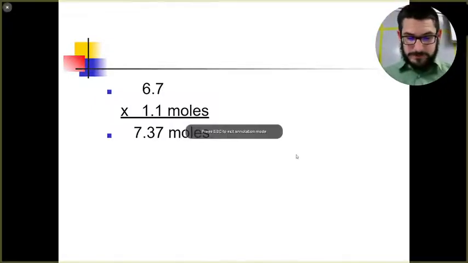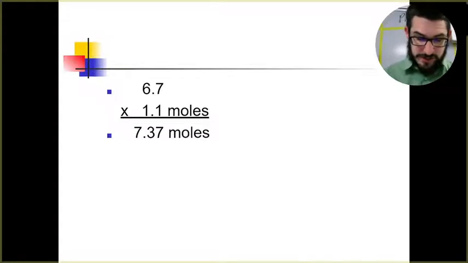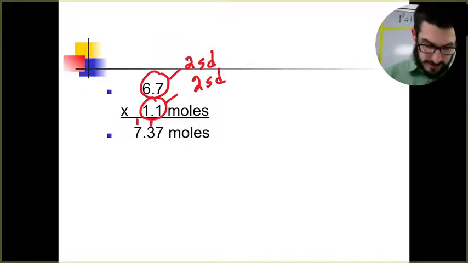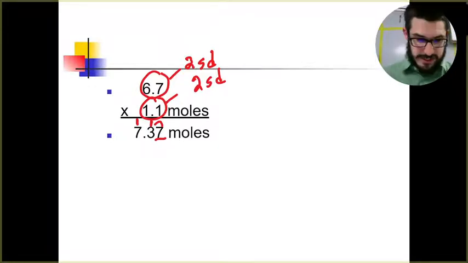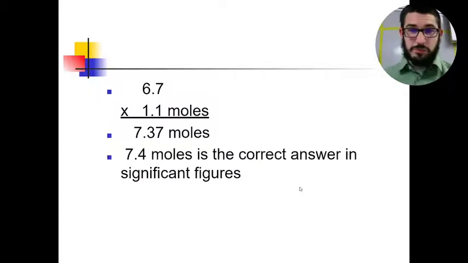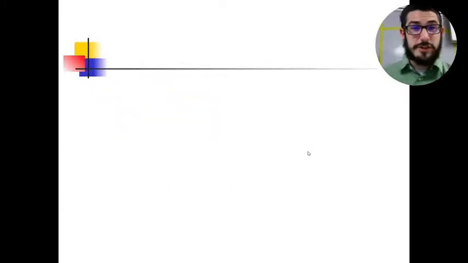However, because it's multiplication here, I have to check my 2 numbers. 6.7 had 2 significant digits, and 1.1 also had 2 significant digits, so I can only keep 2 in my answer. The 7 is going to round the 3 up. So then I end up with a final answer of 7.4 moles. That would be it rounded to the correct significant digits.